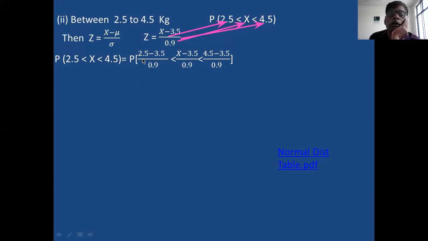Then your equation is, you see here, 2.5 in place of X minus 3.5 divided by 0.9, then X minus 3.5 divided by 0.9, and 4.5 minus 3.5 divided by 0.9. So you see the equation very carefully.